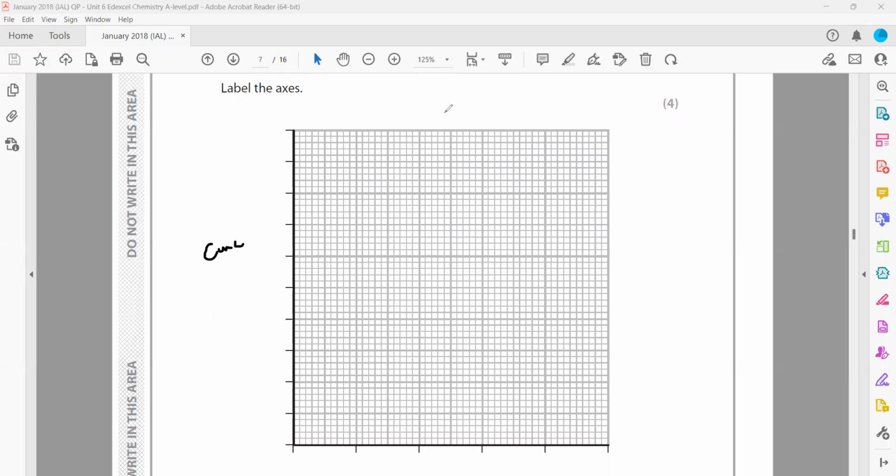So if we sketch a graph for the volume of the thiosulfate, Na2S2O3, and the time, the likely result will be a straight line with a constant negative gradient, which shows it is zero order with respect to iodine, because thiosulfate is reacting with iodine.